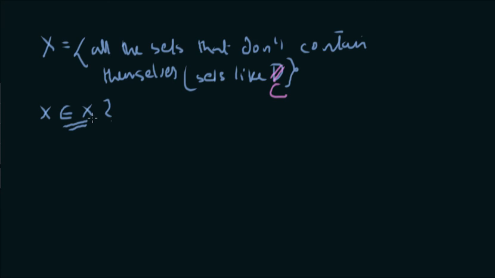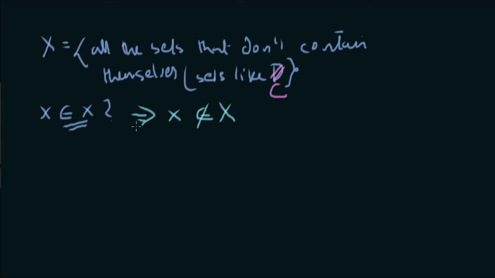Suppose it does. Okay, so that means it's a set like C. So C is a set which does not contain itself. So it implies that X does not belong to X.